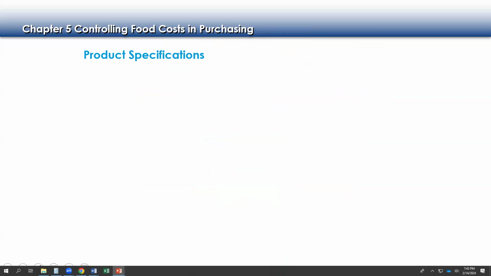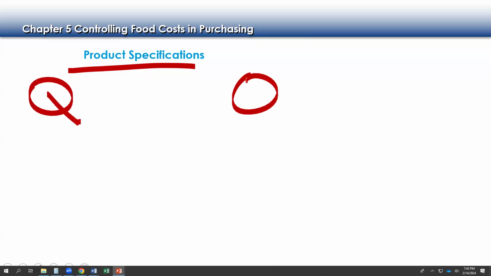When we purchase, we need to know the product specifications. That's number 2 on your worksheet. We've covered this already in a previous chapter. So we have 2 categories. They both start with the letter Q. Who can give me one of them?